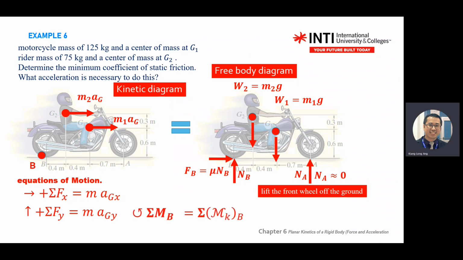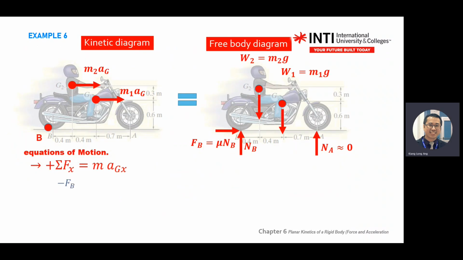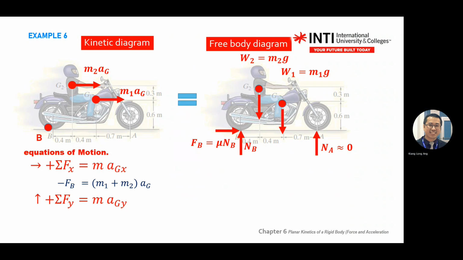So, and then one moment equation. These are the three equations you cannot miss when you do a chapter 6 question. The rest is just substitution. In this case, because we know the two objects move with the same G, we group the two objects into one, M1 plus M2, and call it one body.